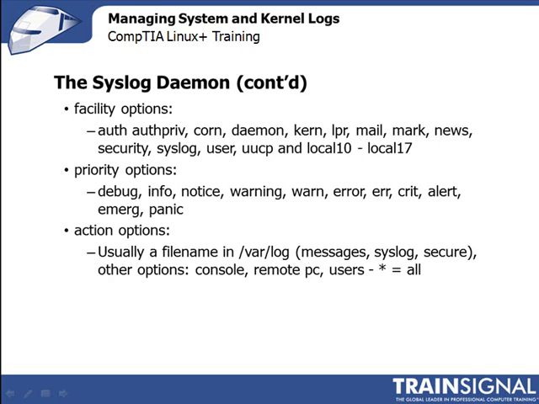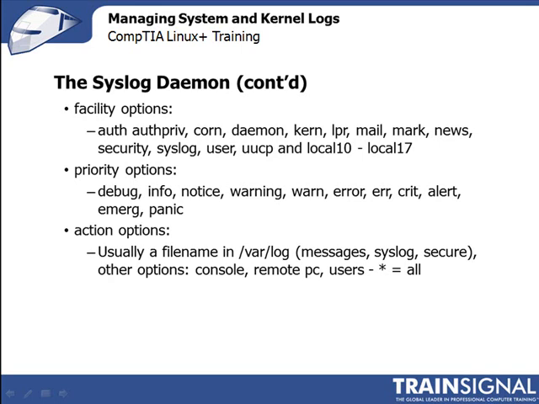Next is priority, which again together with facility make up what's called a selector. Its options are debug, info, notice, warning, warn, error, and its identical counterpart err. Next we have crit, alert, emerg, and panic. Also, warning and warn are equivalents, as well as emerg and panic.